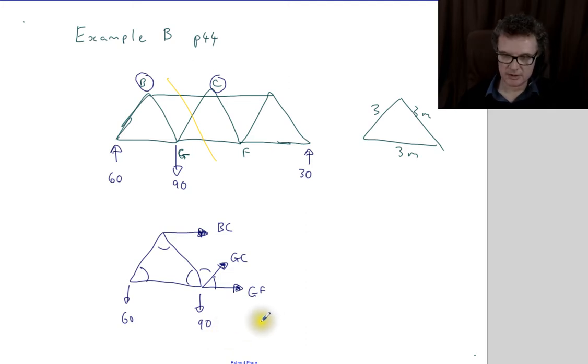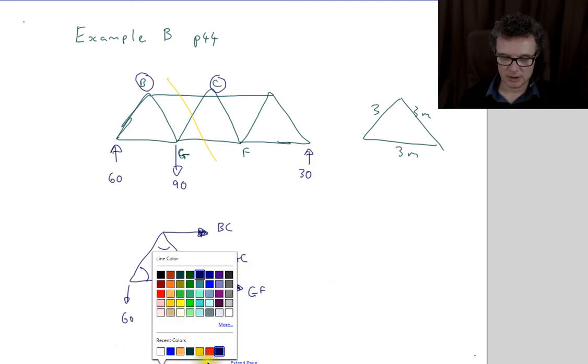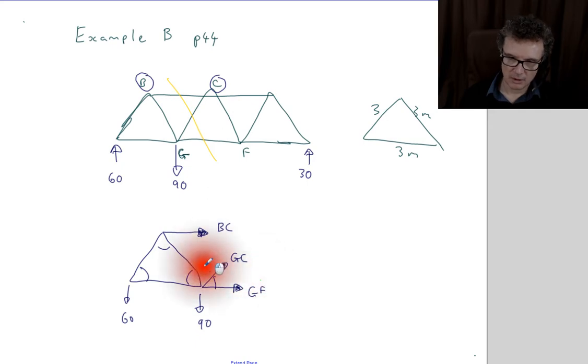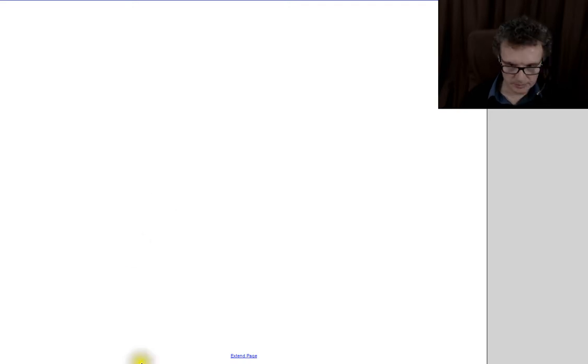And the next thing that I want to do is to get rid of GC pointing out into space in an arbitrary direction. So I want it to be pointing so that it can be split up into a Y component and an X component. Okay, so let's do that next.